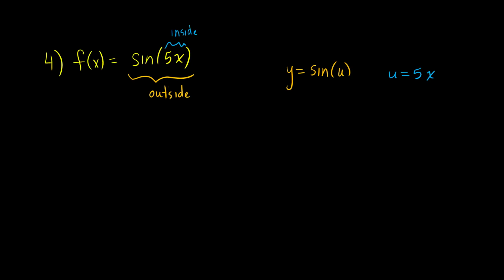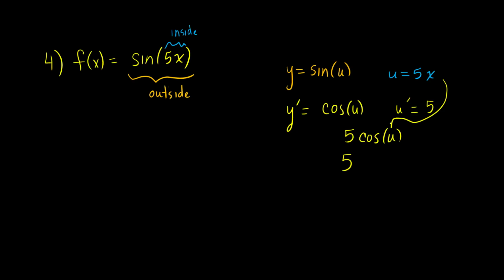So I'm going to take derivatives of both of these. I get the derivative of sine, which is cosine, and the derivative of 5x, which is just 5. So I multiply. And then finally, I have to plug back in my substitution. And that's my final answer.